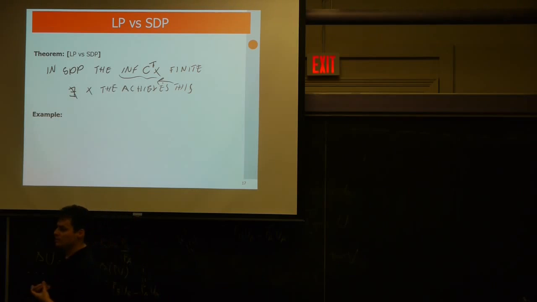Can someone explain to me why? We will see a concrete example for that, but why can it happen? With linear programs, it didn't happen. If the infimum was finite, we could always achieve the minimum. So there was always an X. So for the objective of a linear program, say, minimize C transpose X over X, if the infimum is finite, we can always find an X that achieves this infimum.